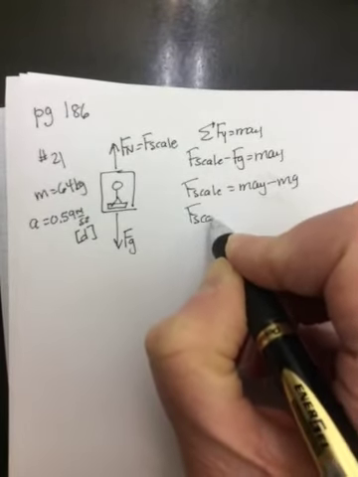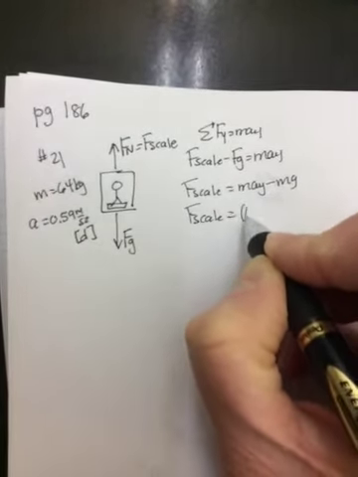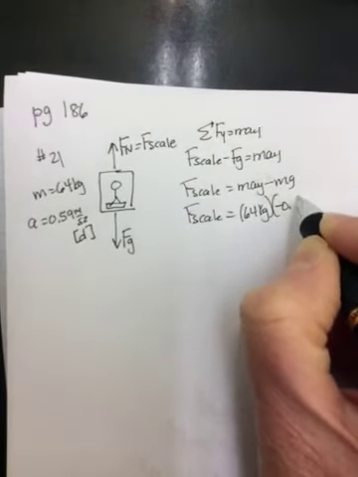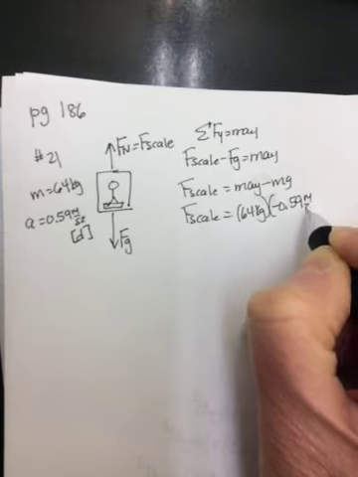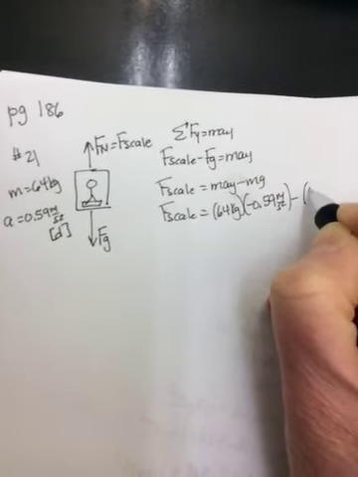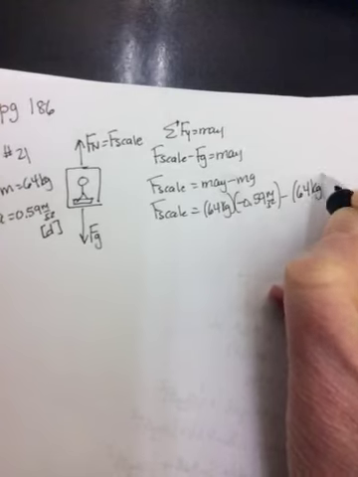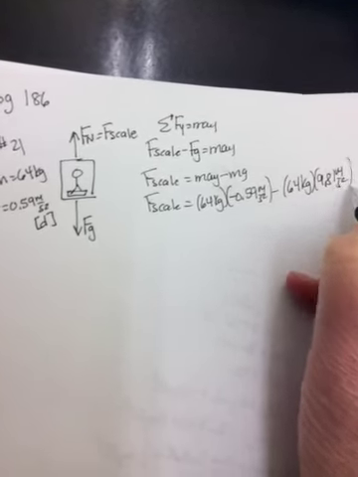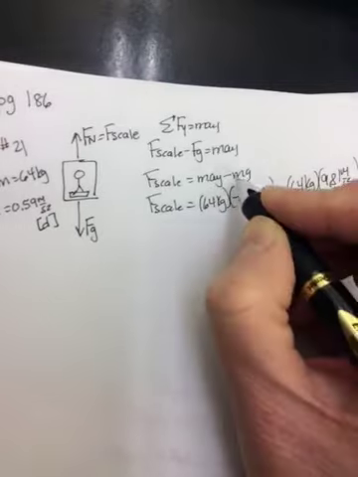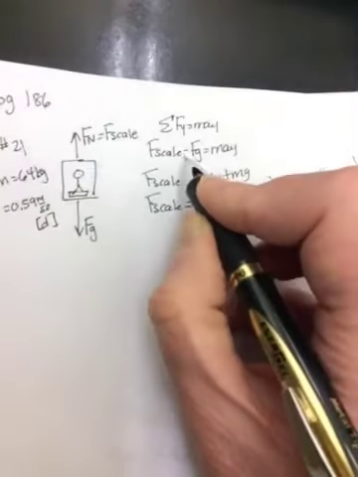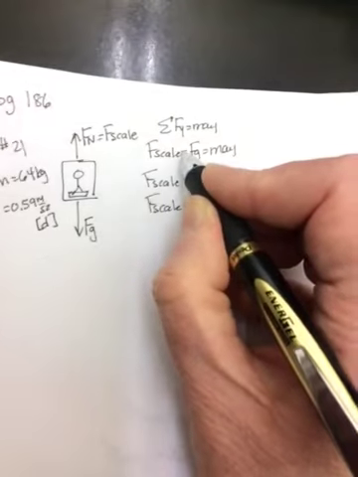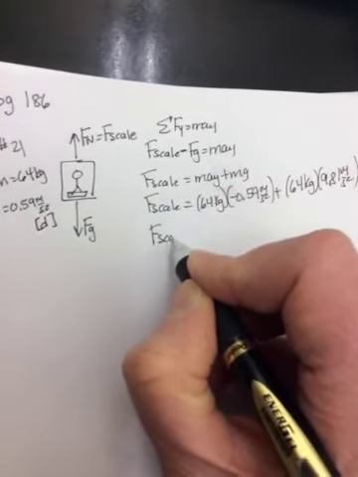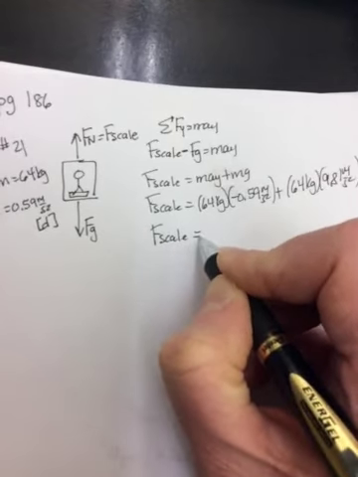So F scale will equal 64 kilograms times negative 0.59 meters per second squared plus 64 kilograms times 9.81 meters per second squared. And remember, this 9.81 goes in as a positive because we already looked after the direction of the FG right there.